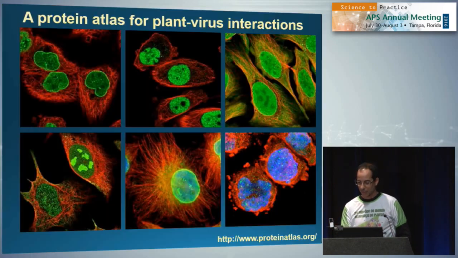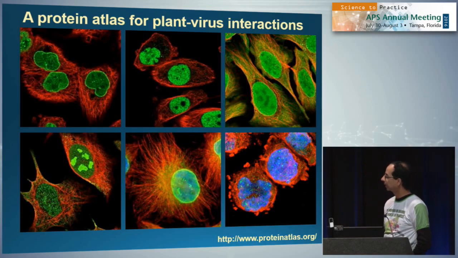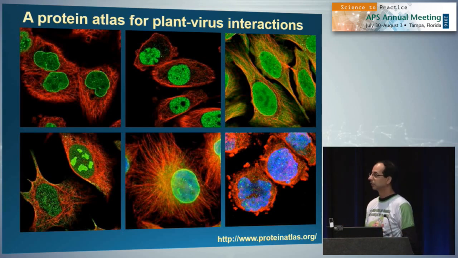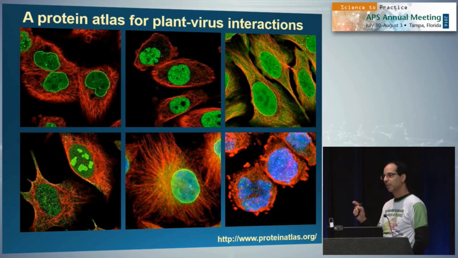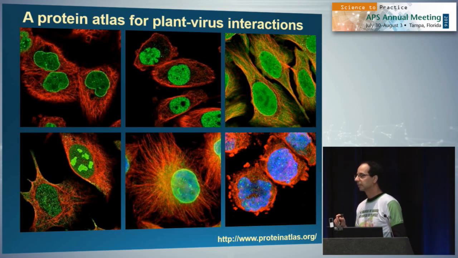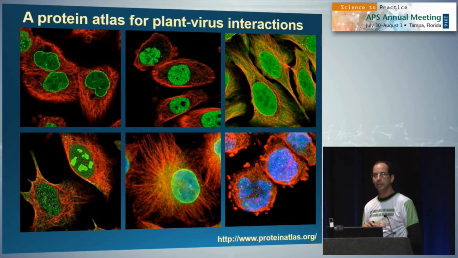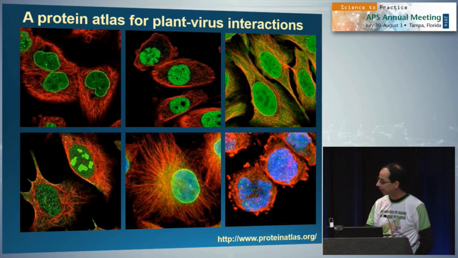So what we need is something like what has been done with human proteins, a protein atlas, for plant and virus interactions. We need to know where the plant proteins are in the nucleus in the physiologically normal state, and we need to know where they are in the context of virus infection, because their localizations are going to change in many cases, and we have examples of that.